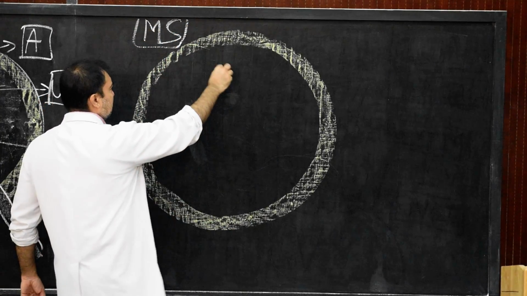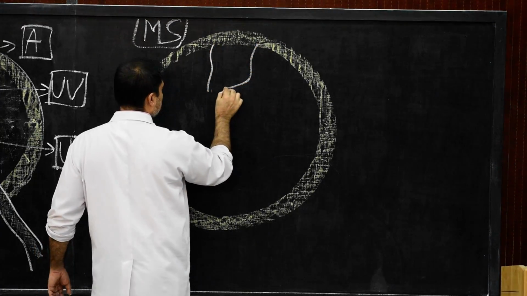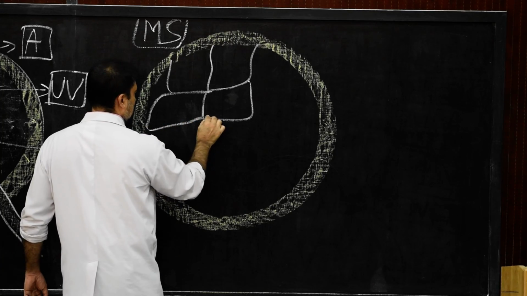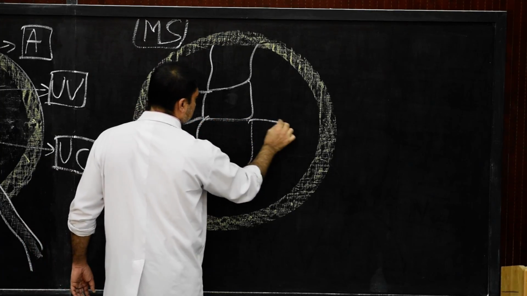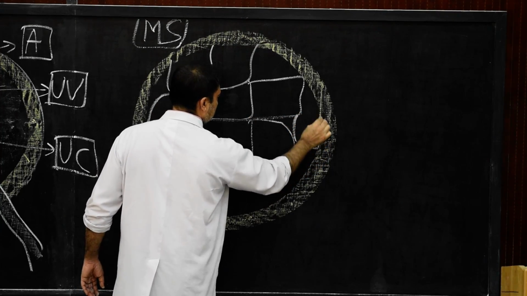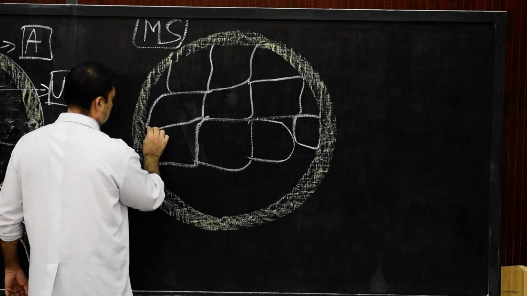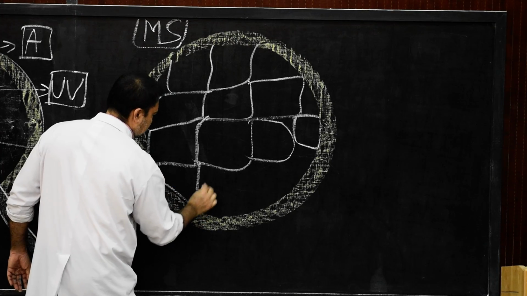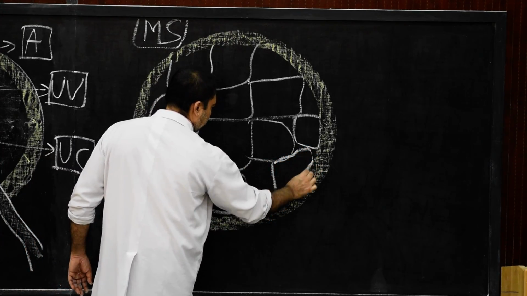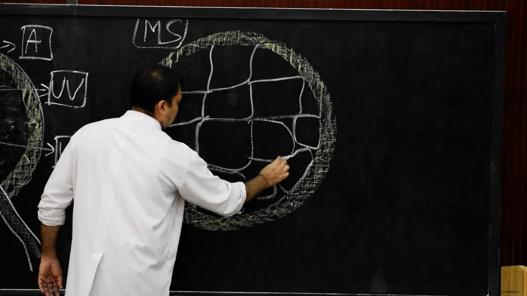Now the entire maternal surface will be divided into various polygonal areas. Please draw these areas. These are the polygonal areas. So this is how it will be divided into the various polygonal areas.